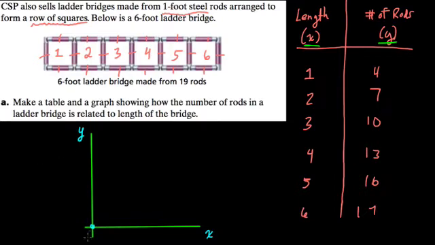So the intersection here is 1, but then we just have the length of 1, 2, 3, 4, 5, and 6. Then on the y-axis, the number of rods that we need goes up from 4, 7, 10, all the way up to 19. Although it looks like I wrote a 17 there. I'll fix that. That's a 19.